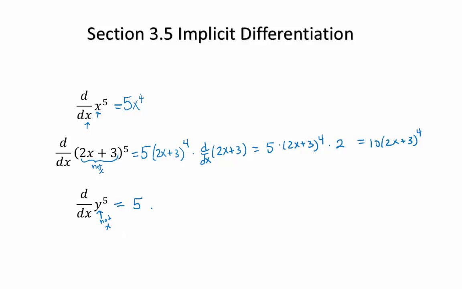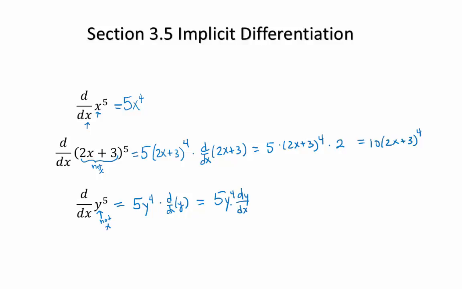We leave the base the same. We subtract 1 from the exponent. But to compensate for the fact that that wasn't an x, we multiply by the derivative of whatever that base was. The derivative of y. But the way we write it is 5y to the fourth dy dx.